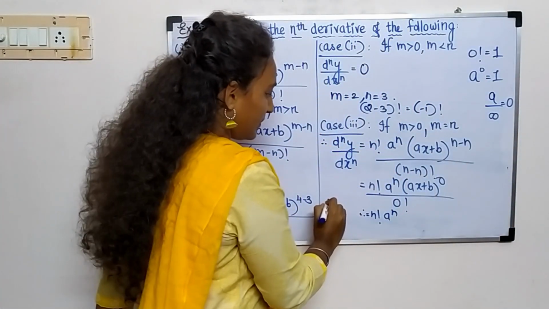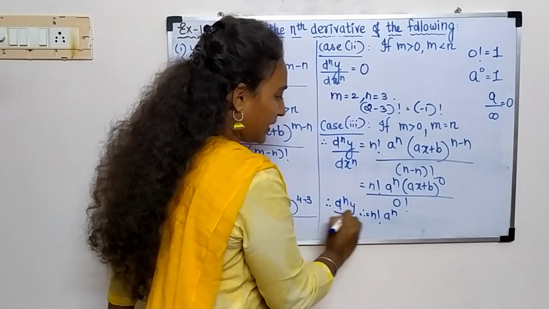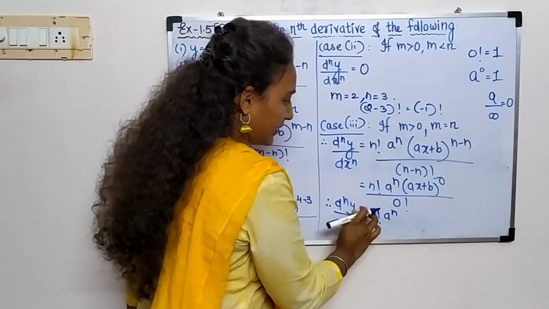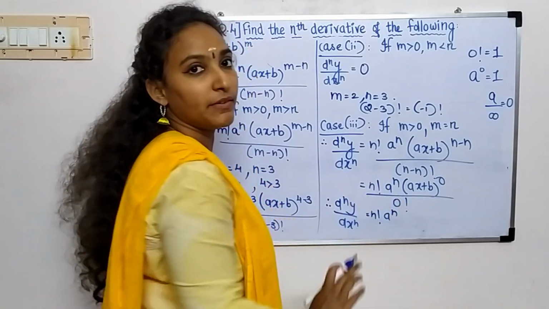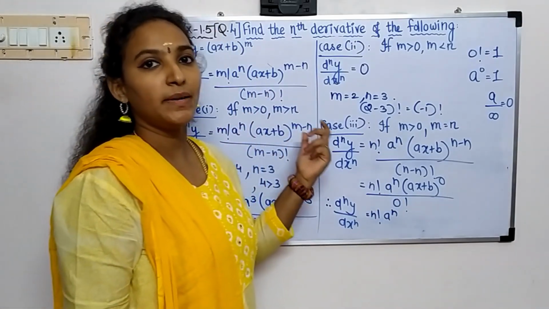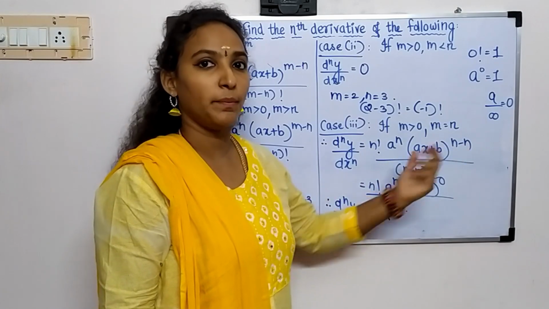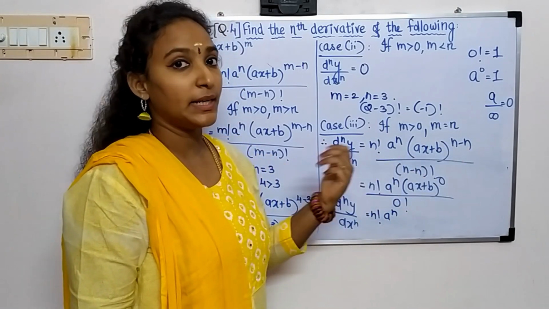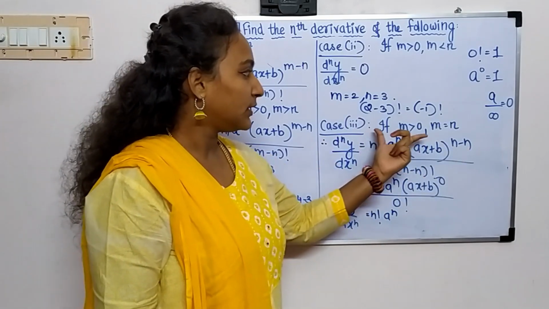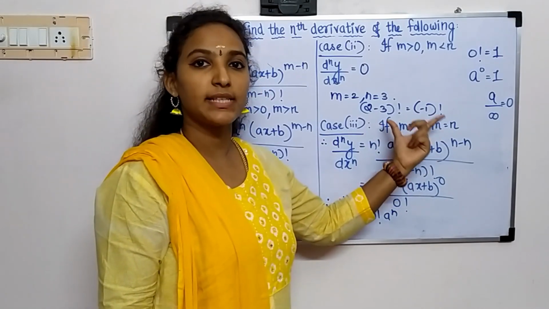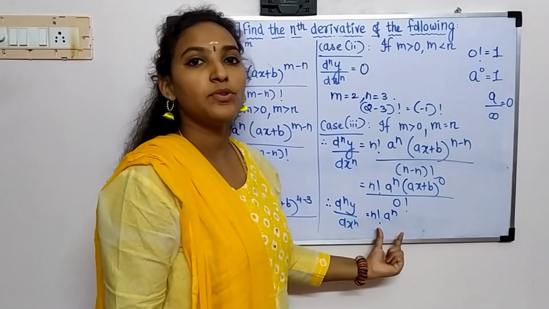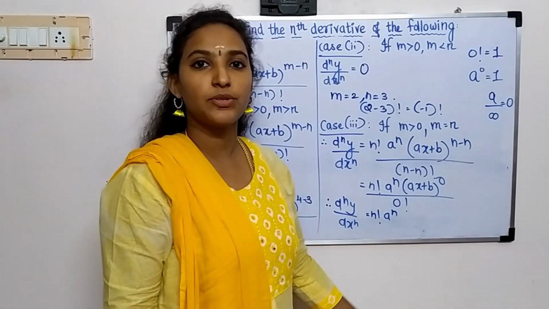So your answer will be d raised to n y upon dx raised to n is equal to n factorial a power n. Whenever you come across this type of problem in any competitive exam or any multiple choice question, you can use this case 3. If it is similar to this case 3, directly you can use the formula n factorial a raised to n.